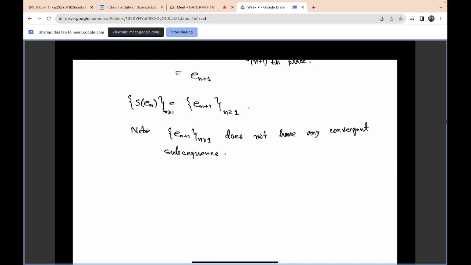So let's check what is En minus Em in this L2 norm for n not equal to m. It contains two terms, plus 1 and minus 1, so the norm is mod of 1 squared plus mod of minus 1 squared, to the power half, which is root 2.